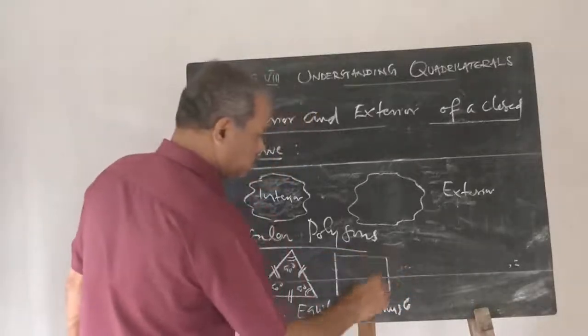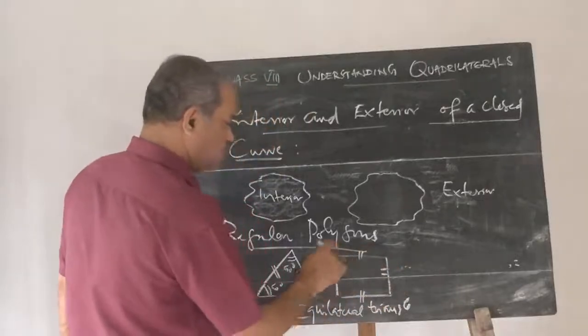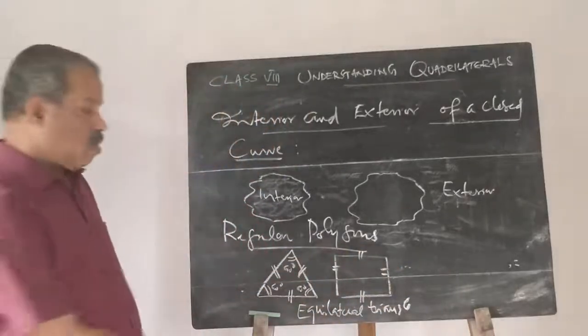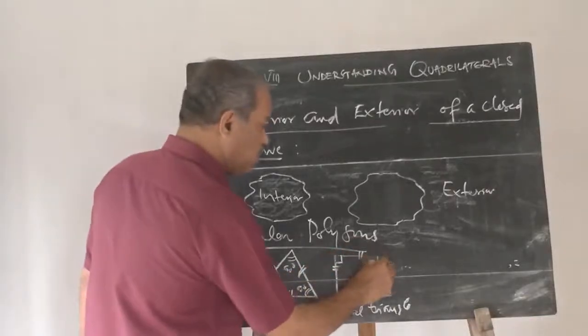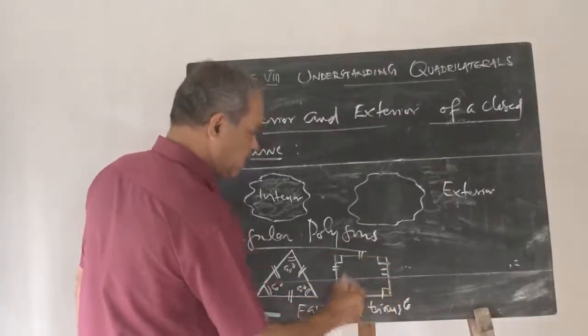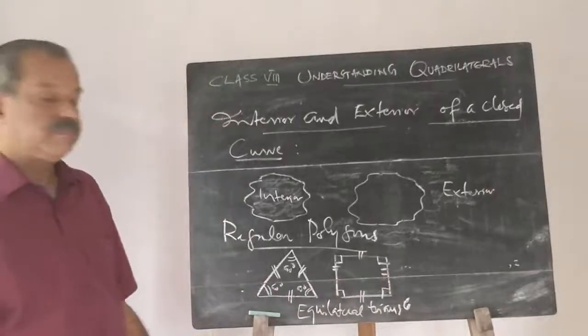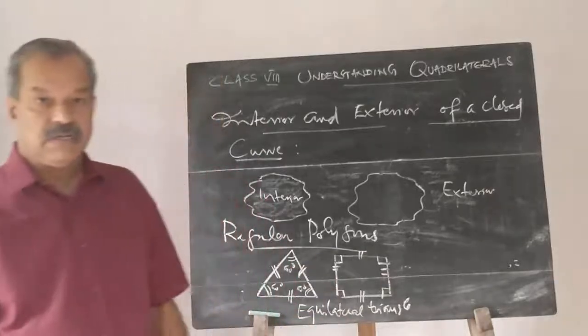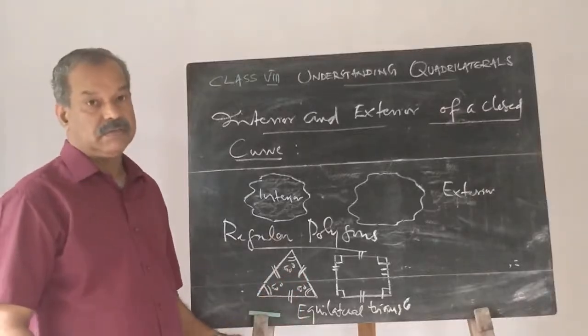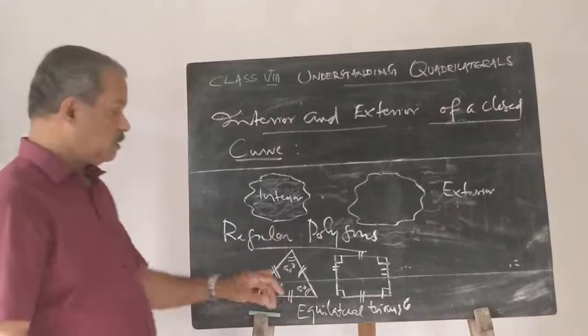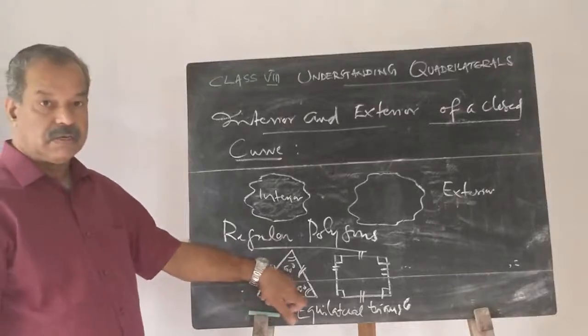Now consider a square. What are the properties of a square? All the sides are equal, all the angles are also equal, and each angle is 90 degrees. Such polygons are called regular polygons. What is the peculiarity of a regular polygon?